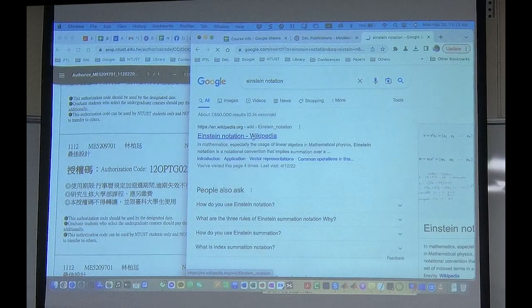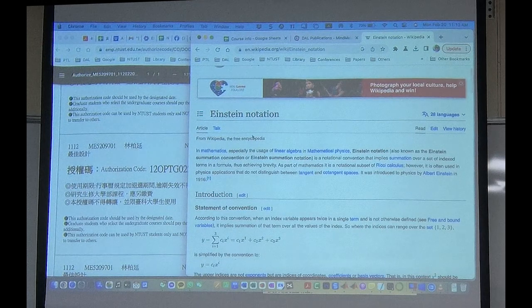Why do we need Einstein notation? Because Einstein did a lot of mathematical derivations, right? And there were way too many. He decided to invent a new notation to avoid a lot of handwriting. So he decided to describe math in a certain simplified way, and we have to follow it. We need to know what he's writing, right?